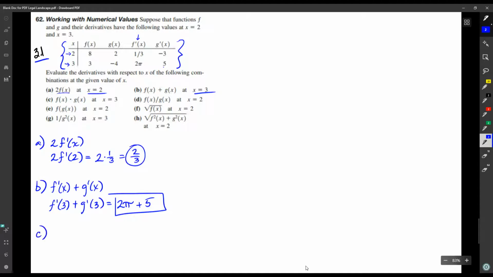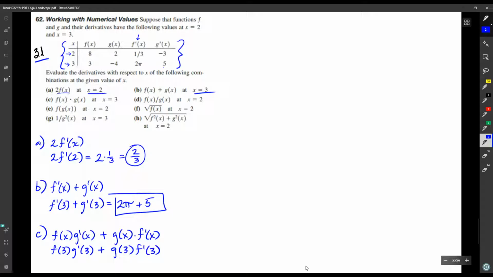We'll move to part C. We have the product of two functions, f of x times g of x. So by the product rule, we're going to have f of x times g prime of x plus g of x times f prime of x. On part C, we want to evaluate at x equals 3. So that's f of 3, g prime of 3, plus g of 3, f prime of 3.